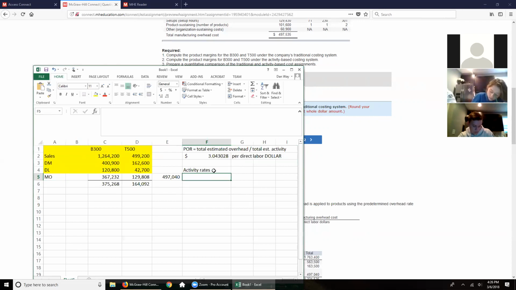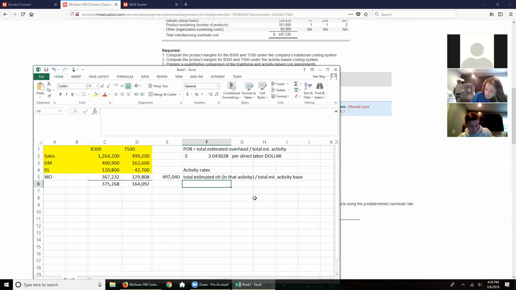The helpful part, from my perspective, is to think about them as almost one and the same, because we calculate them practically identically. Our activity rates we calculate as the total estimated overhead in that activity divided by the total estimated activity base.